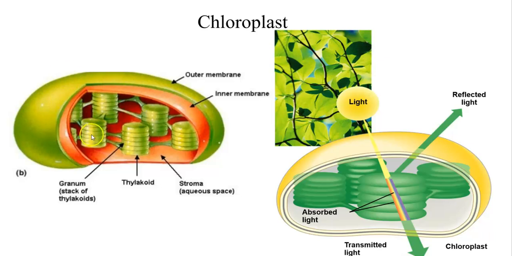Within the membrane, it has some disc shaped structures, and each disc is known as a thylakoid. The stack of thylakoids is known as a granum. There are several grana, altogether known as grana.